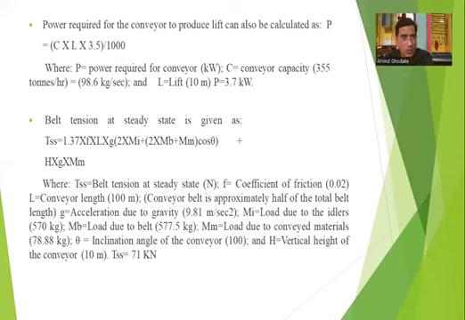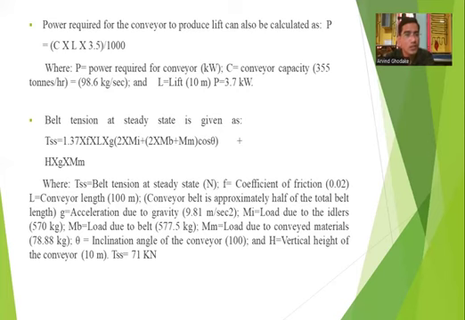So belt tension can be calculated by using this formula, that is 1.37 into F into L into G into 2 times Mi plus 2 times MB plus mm cos theta plus H into G into mm, where TSS is the belt tension at steady state, F is the coefficient of friction, capital L is the conveyor length, G is the acceleration due to gravity, Mi is the load due to the idler, MB is the load due to the belt, mm is the load due to the conveyed material, and theta is the inclination angle of the conveyor, H is the vertical height of the conveyor, and therefore TSS will be equal to 71 kilonewton.